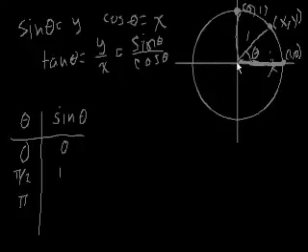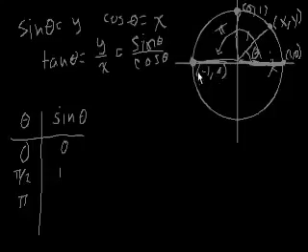At pi radians, we intersect the unit circle right here. This is the angle, pi. We intersect this unit circle at -1, 0, because once again, this is the unit circle. So at -1, 0, what's the y coordinate? Well, it's 0. So sine of pi is equal to 0.